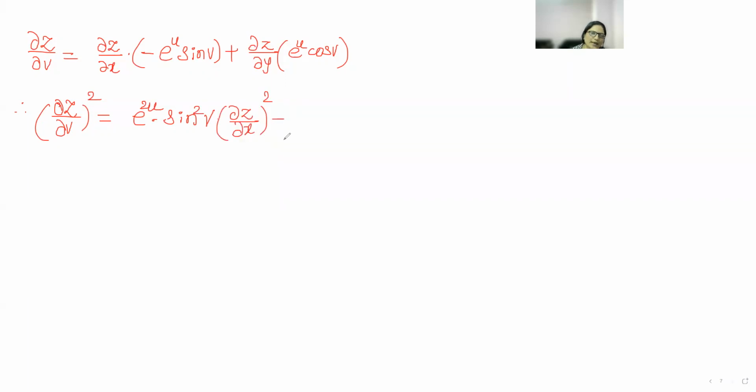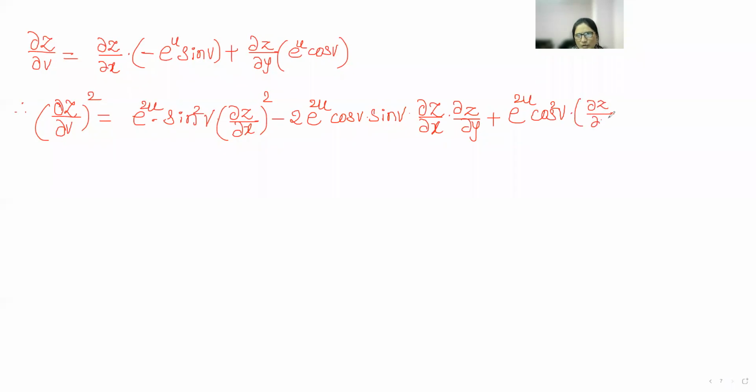Plus 2ab, so minus a is there, so minus 2 into e raised to 2u cos v into sin v into dou z by dou x, dou z by dou y. Plus b square, so it is e raised to 2u into cos square v into dou z by dou y bracket square.